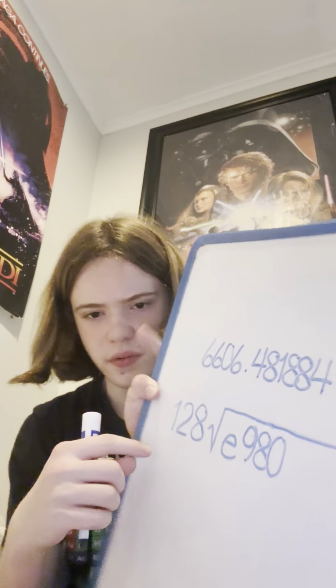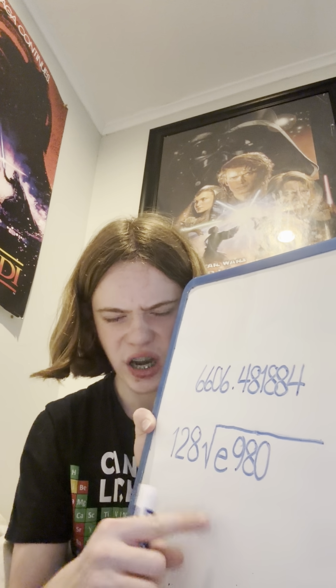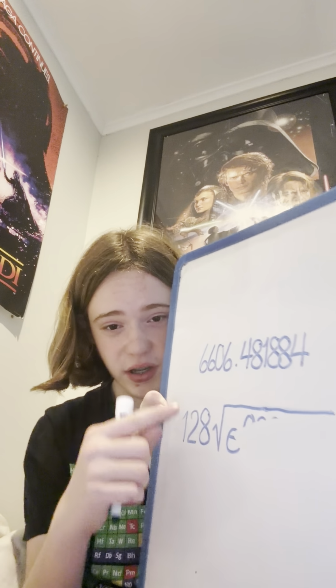You take 128 and multiply it by the square root of Euler's number, E, and that times 980. So 128 times the square root of E times 980. What do you think that equals? Well, yeah, I was wrong. It equals this. That expression equals 6,606.481884 approximately.